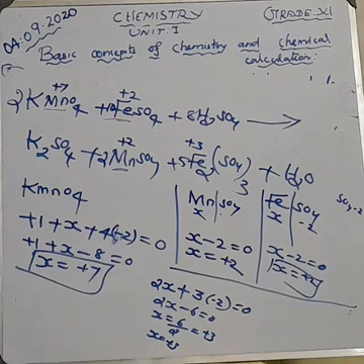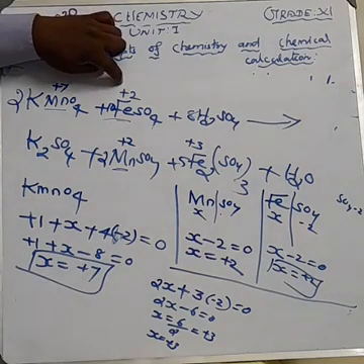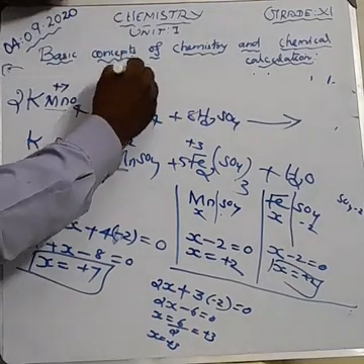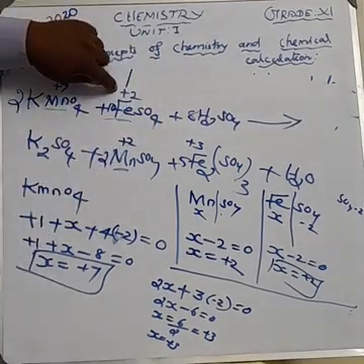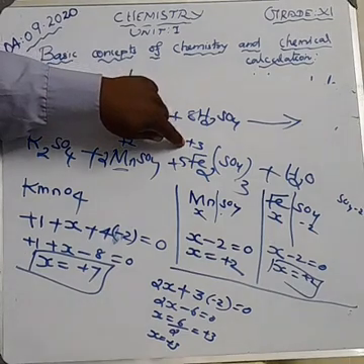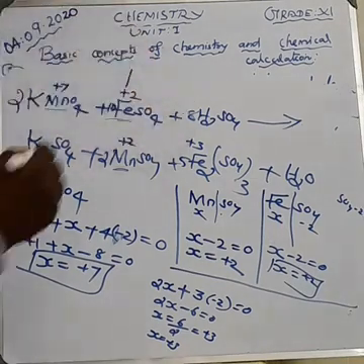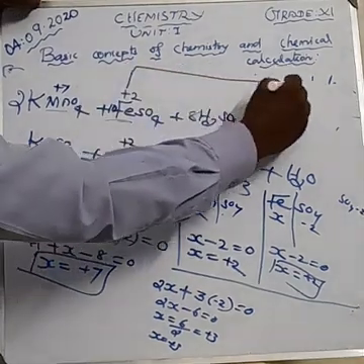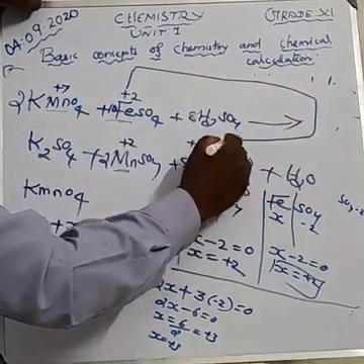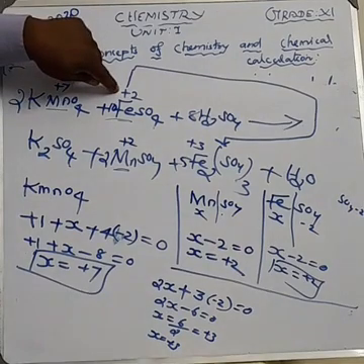Now we can count whether it is increasing or decreasing. I have told you, if oxidation number increases, that is called oxidation. If oxidation number decreases, it is called reduction. Okay. So now plus 2 is changed to plus 3. Now is this increase or decrease?